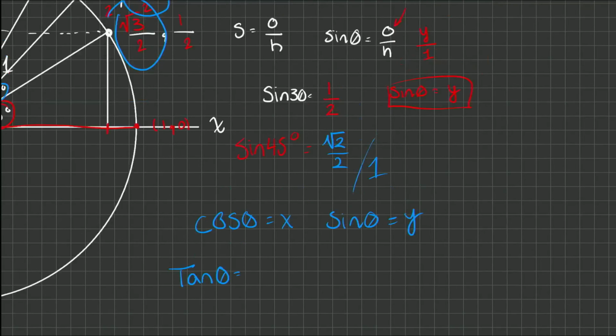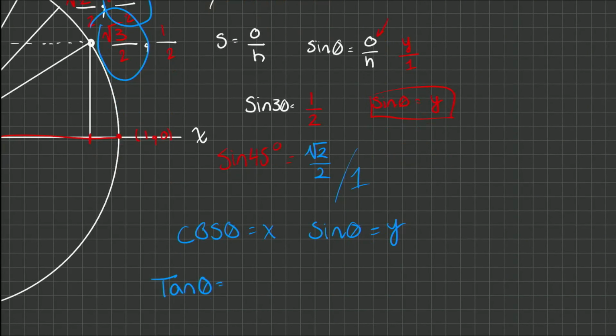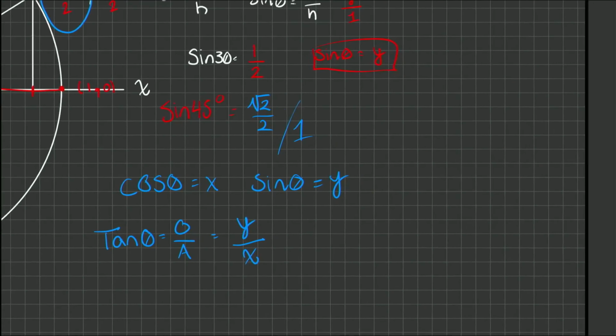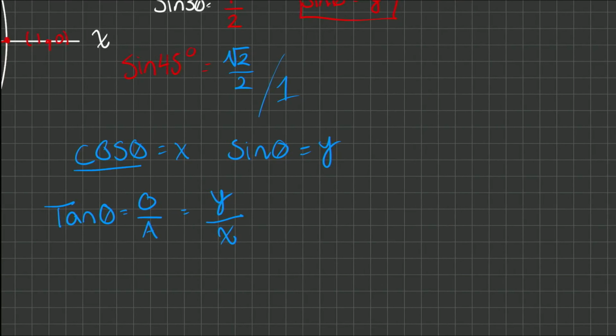Tan theta, according to our SOHCAHTOA definition, is our opposite over adjacent. In other words, our opposite is going to be the y coordinate over adjacent, which is the x coordinate. And we've defined cosine theta as x and sine theta as y. So this could be written as sine theta over cosine theta, which is equal to tangent theta.